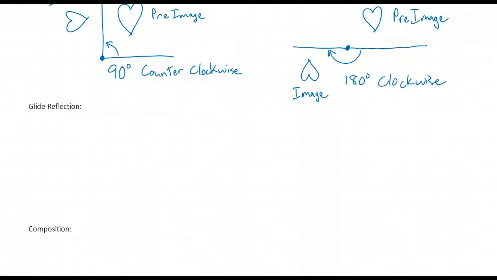A glide reflection is combining a glide, a translation, and a reflection. In a glide reflection, I'm going to start with a pre-image. This time I'm going to make a right triangle where my hypotenuse is vertical.